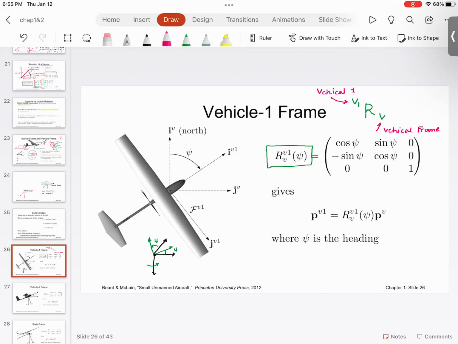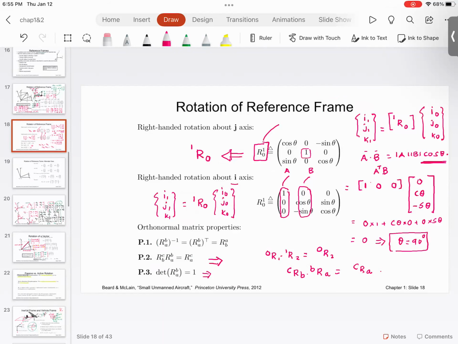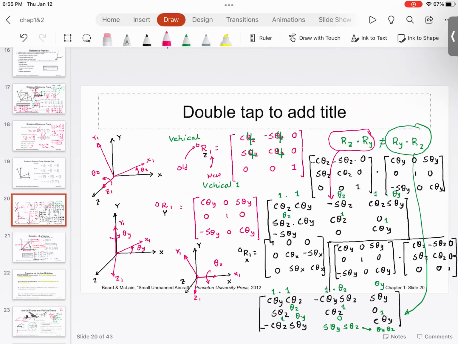So please understand, when we derived the rotation matrices, the way we related the transformation is the old frame transformed to the new frame. And this is the transformation matrix that we got: cosine phi, minus sine phi, sine phi, cosine phi. You can derive the kinematics equation with these expressions as well.